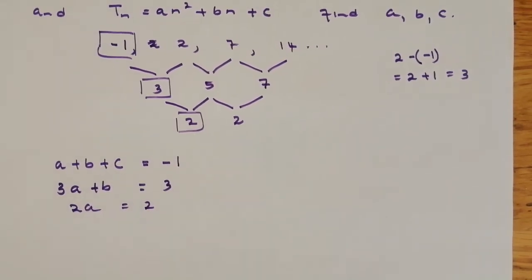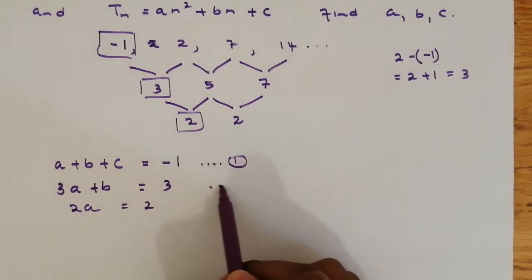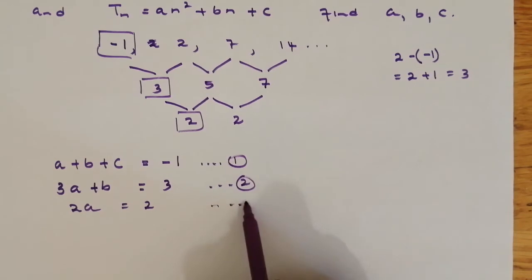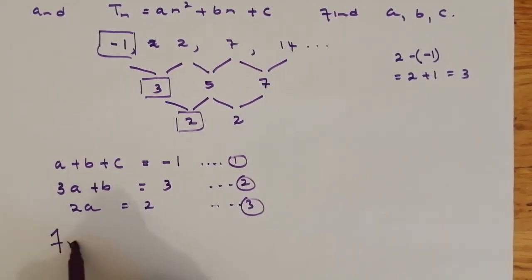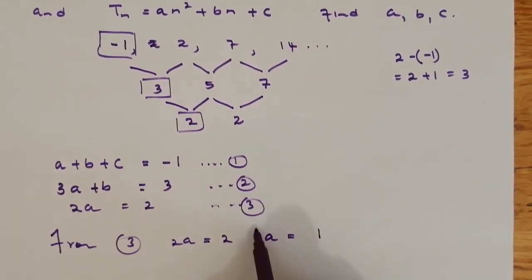So we're going to solve for A, B, and C simultaneously. There are quite a number of ways to solve these things. So we've got 3 equations. From equation 3, which is 2A equals 2, A equals 1.